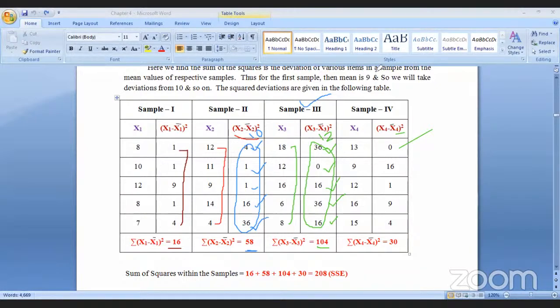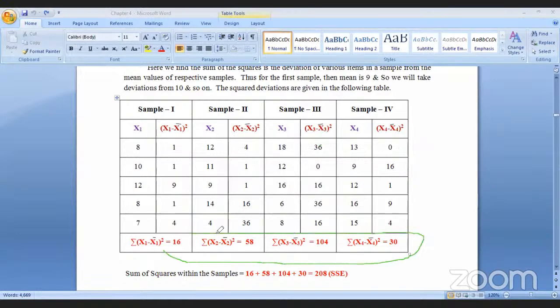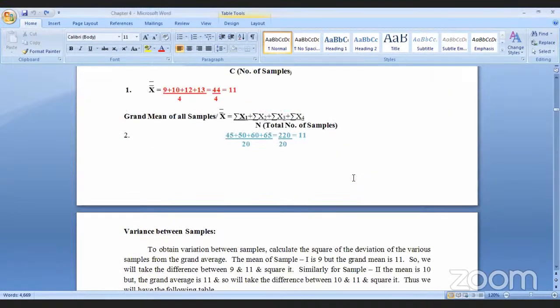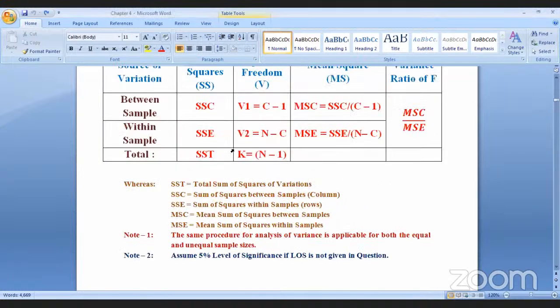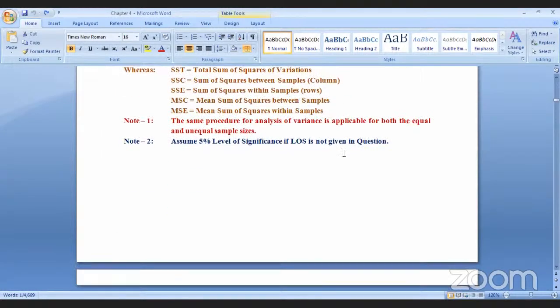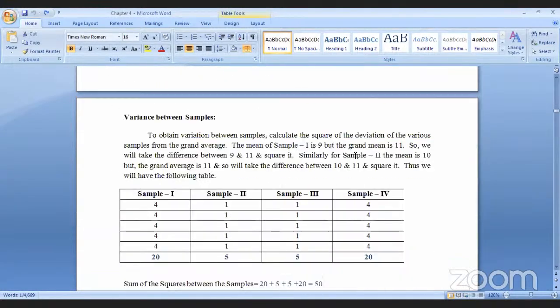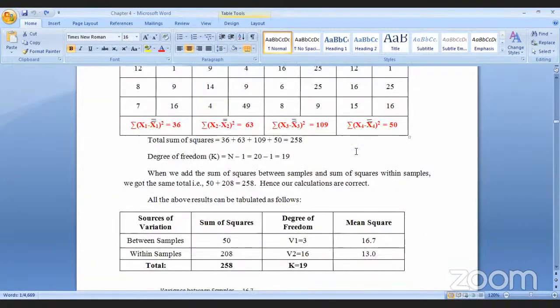This addition value we have written in the final table, in the place of SSE. Then v2 is equal to N minus C, the degrees of freedom. So listen here.